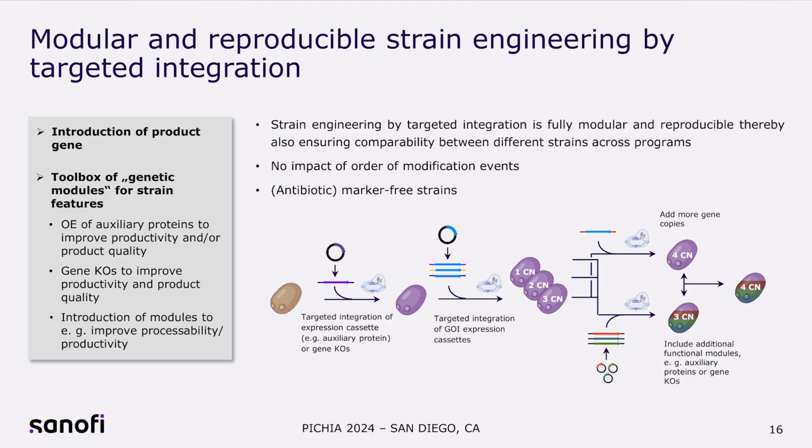And if you give it a click, with random integration and with the platform strain approach, if you want to have consistency between strains of, for example, individual projects, you always need to follow a certain order of modification events, or you always need to rely on that particular platform strain that you have generated before with random integration.